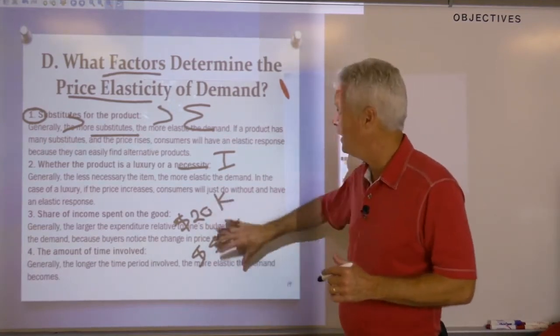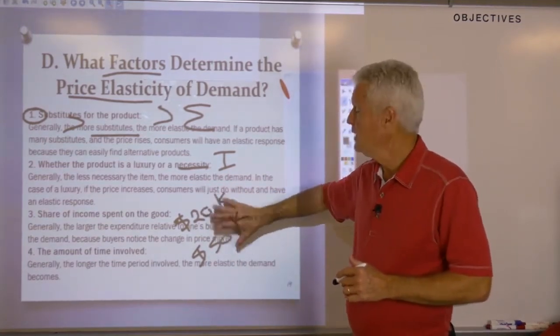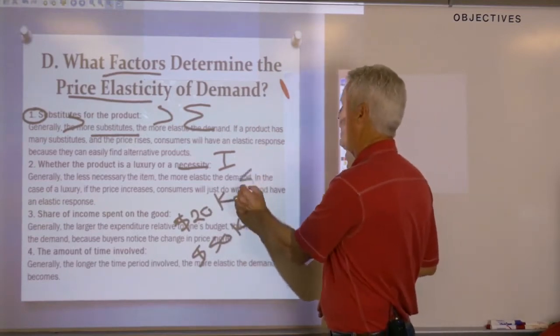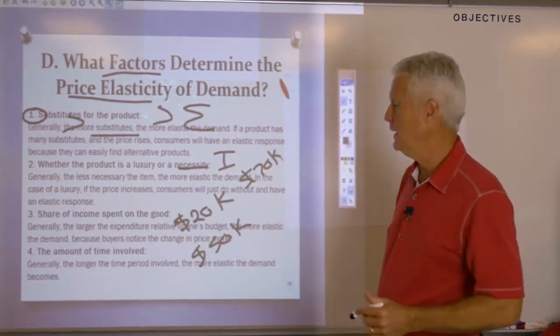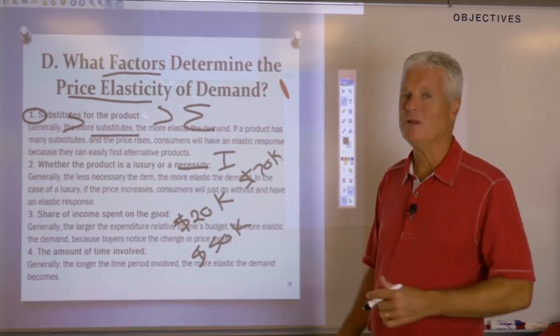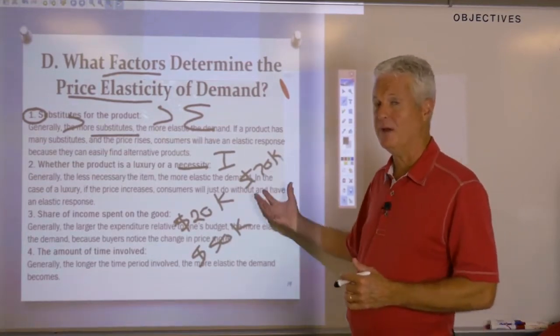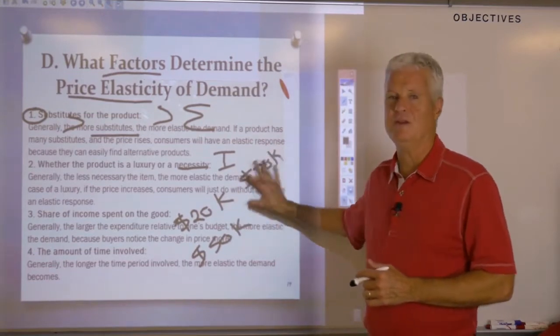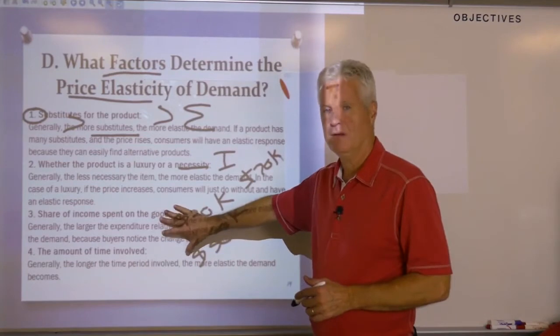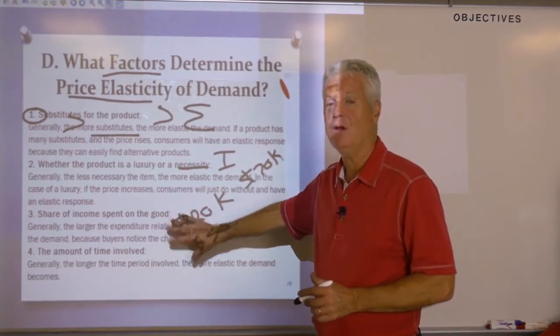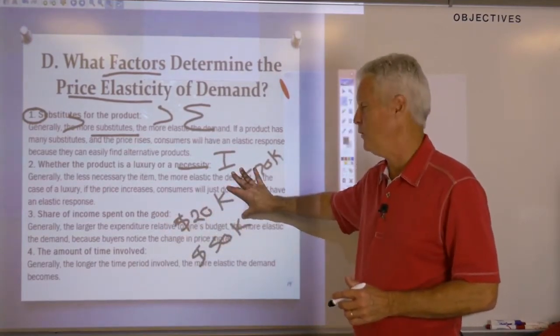Not sure why, but they are. Probably because they can afford them. But in this case, the Corvette's $70,000. I only make $50,000 a year. Ouch. That's a really high percentage of my income, like over 100. And so I'm going to be very sensitive on those more expensive items. So the greater the percentage of your income, the more elastic anything will become.